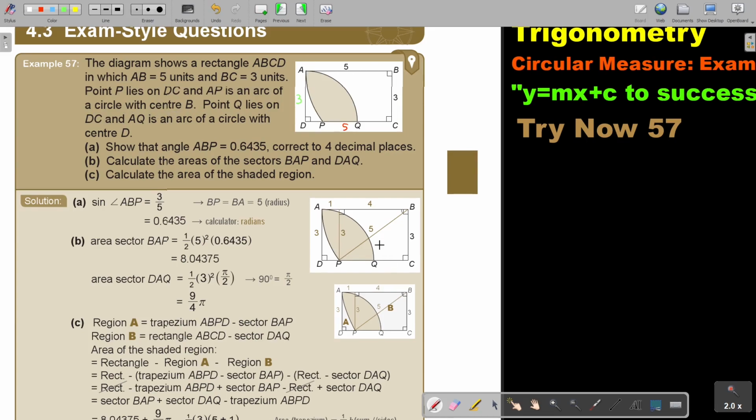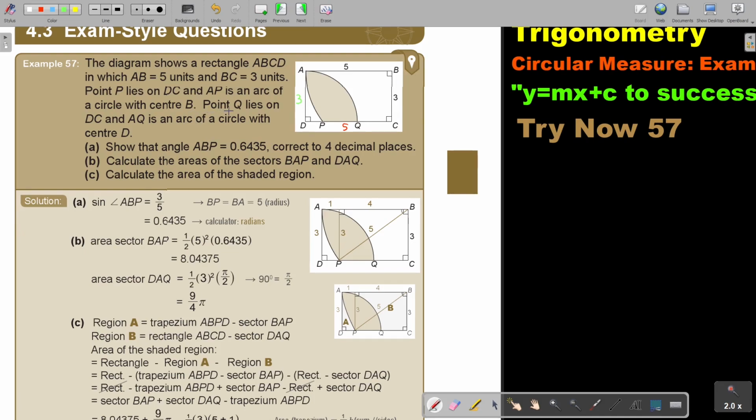If I draw a line in there, there's the arc at A and at P. This is then the radius 5. Then this will also be the radius 5. I'll come to that. If I draw a line there, 3, and I draw a line there, 90 degrees, that will also be 3. So there must be a few extra lines included to come to the solution.